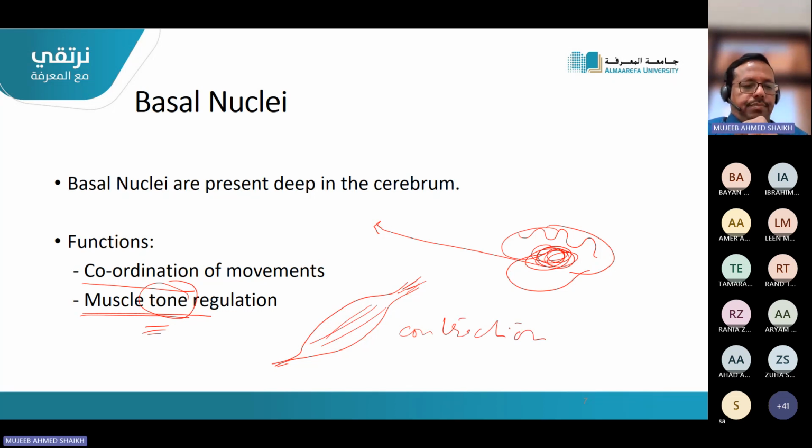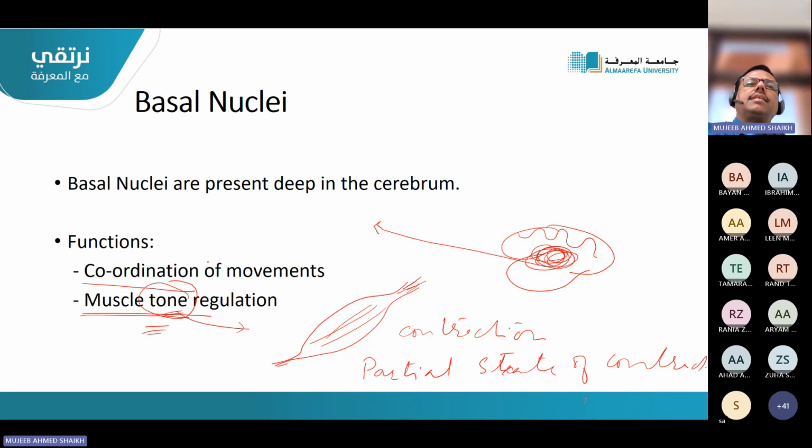There is always some degree of contraction in the muscle. Then only the muscle will remain in its shape. So this some degree of contraction is known as tone. Another, proper definition is a partial state of contraction of the muscle.